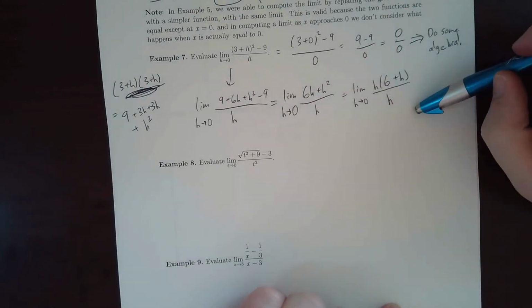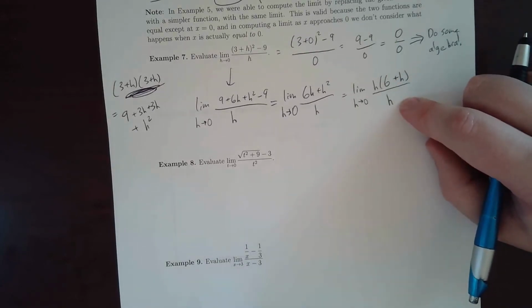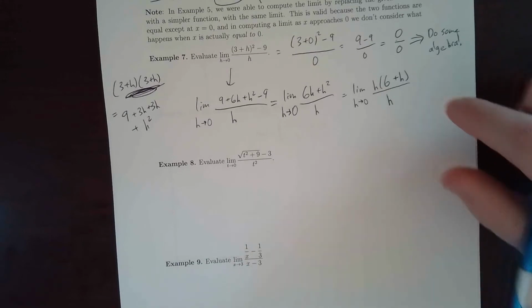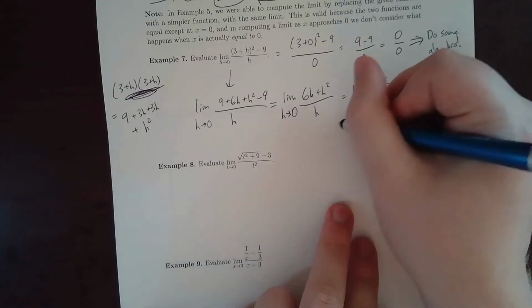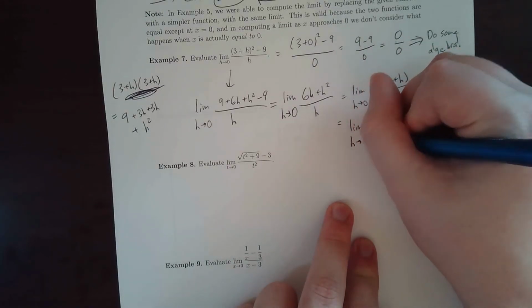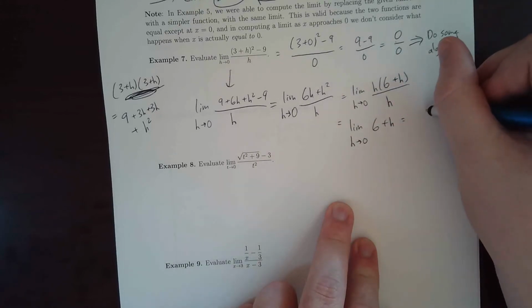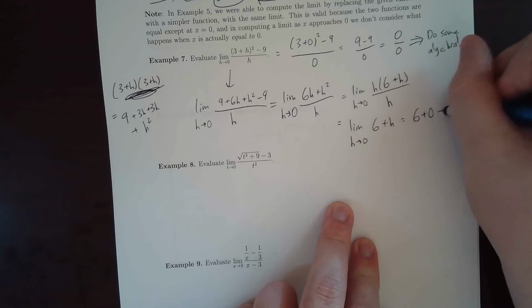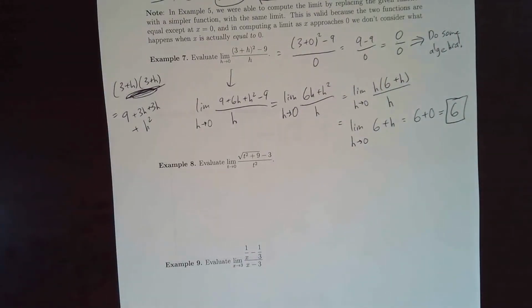And now these h's cancel and we're left with a 1 in the denominator. Very important: when you cancel these, 0 does not show up. I only mention it because I've done it 1,000 times myself. So make sure when you cancel, you're only left with a 1 in the denominator. And so now we get the limit as h approaches 0 of 6 plus h. And now when we plug in, we'll get a very easy 6 plus 0, which is just 6. So that'll be our first of these three limits.